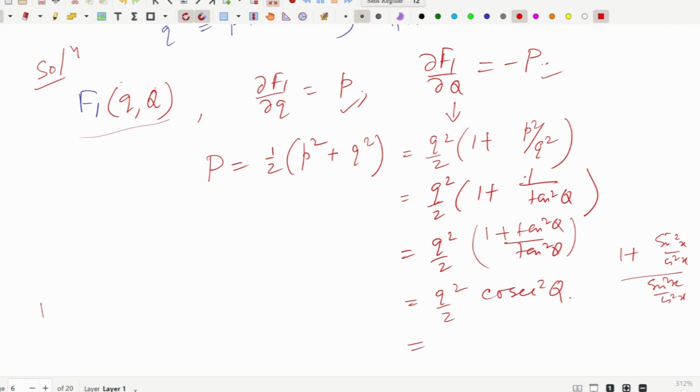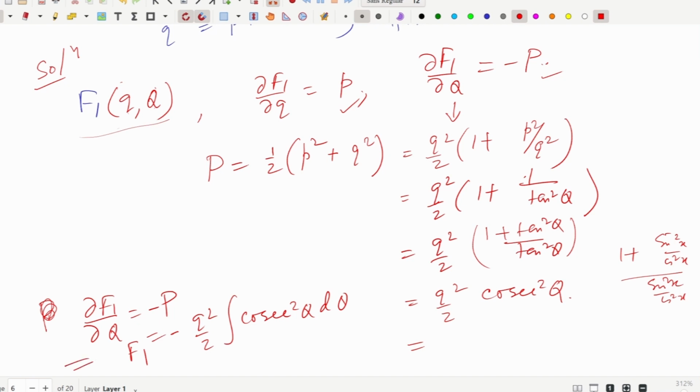Okay. So, now capital P we will substitute in the F1 equation. So, ∂F1/∂Q is minus P. So, we will have this equal to minus q square by 2 integration of cosec square Q dQ. So, F1 implies F1 is this.